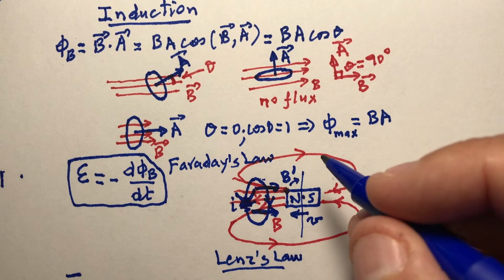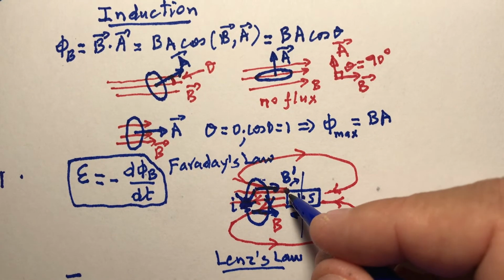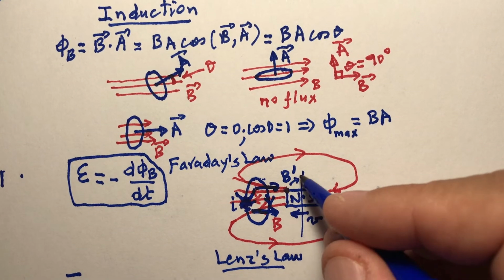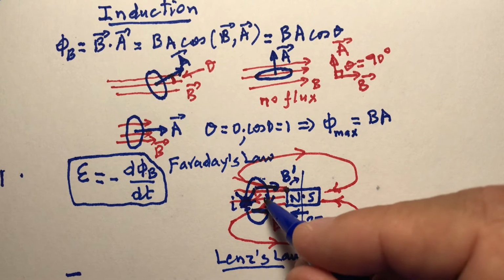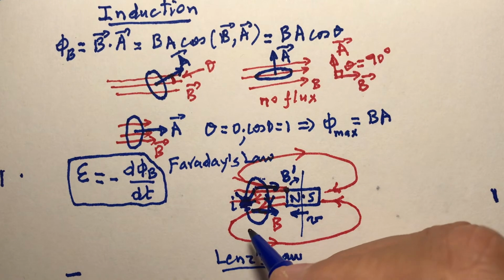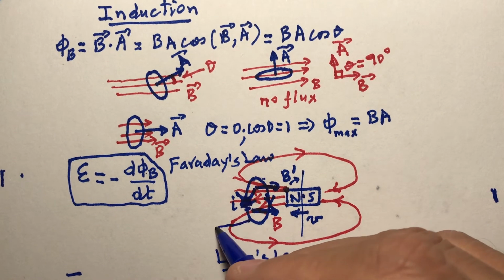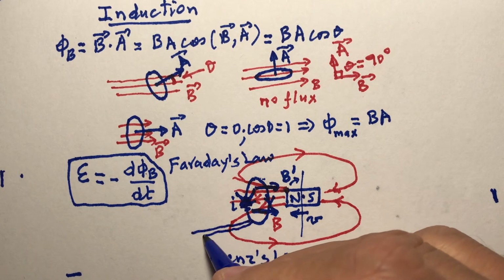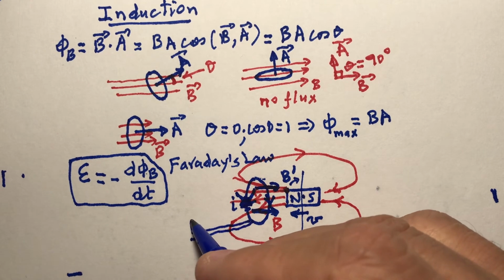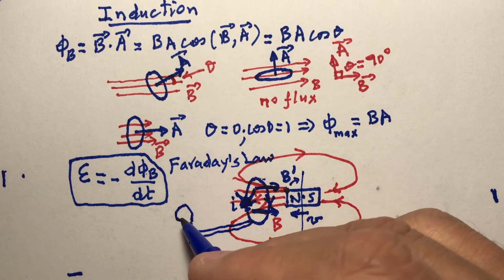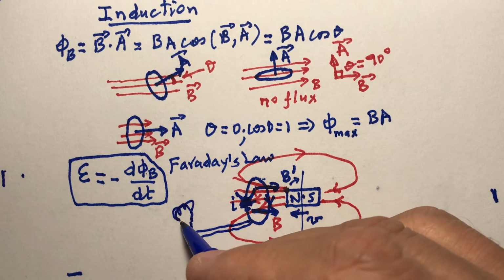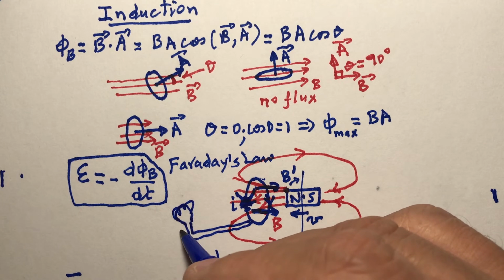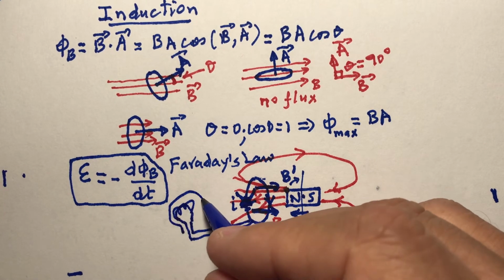So this rotation of the magnet will generate an alternating current. If you take this current and hook it up to a light bulb, let me put it here. This is the light bulb.